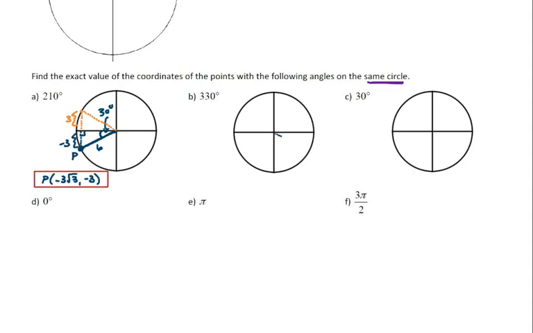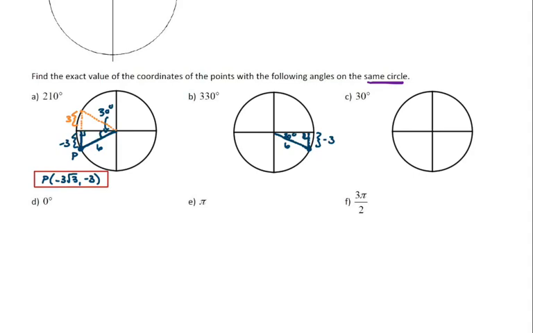So then for B, think about where 330 degrees puts me. Puts me 30 degrees below the x-axis in the 4th quadrant. So there's a 30 degree angle. If I think about what the coordinates would be, it's the same triangle as before, 30, 60, 90. Still has a hypotenuse of 6. I just have to locate the coordinates of that point where the terminal side hits the circle, and I'm going to use what we did in the previous 2 examples in terms of what the side lengths would be.